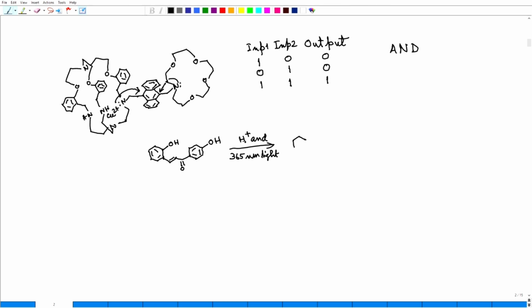If I put only H plus, nothing happens. If I put only 365 nanometer, nothing happens. That means input 1 is 1, input 2 is 0, nothing happens. Input 1 is 0, input 2 is 1, nothing happens. But when input 1 is 1, that means input 1 is hydrogen H plus, and input 2 is 365 nanometer light, then this compound transforms to a new compound, and that is very strongly fluorescent.